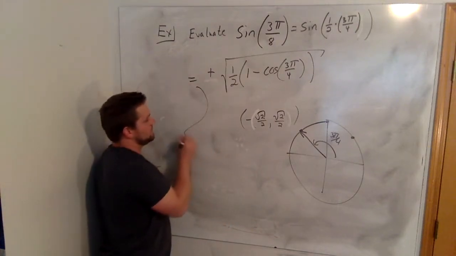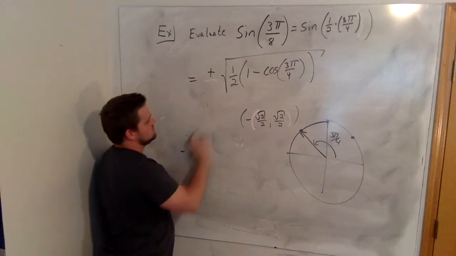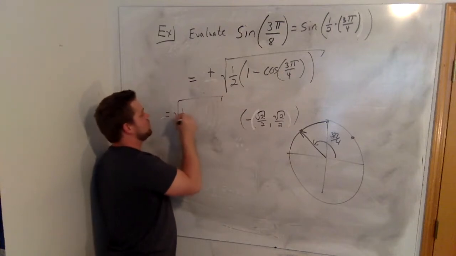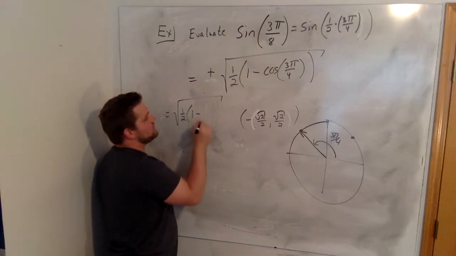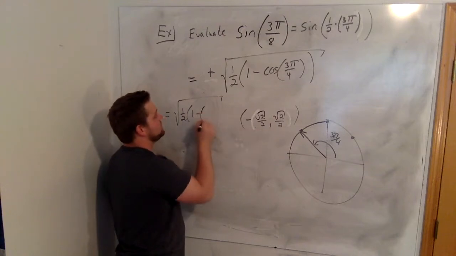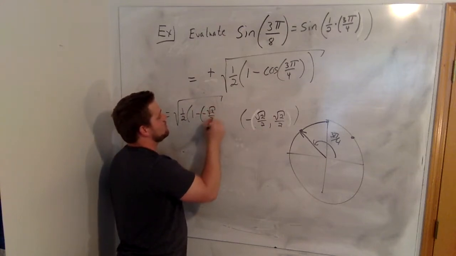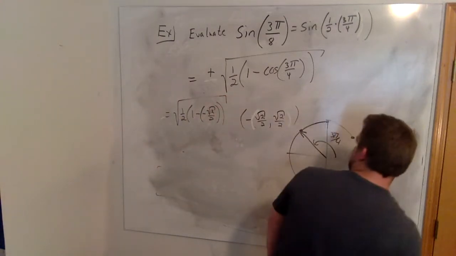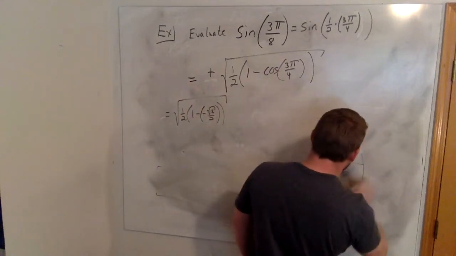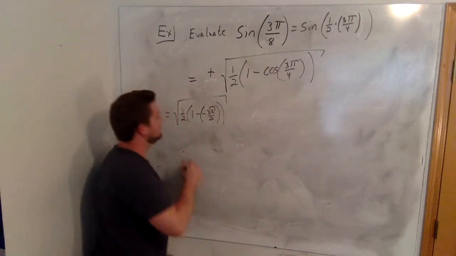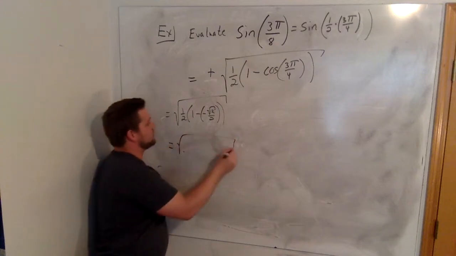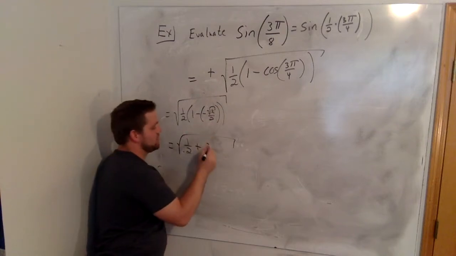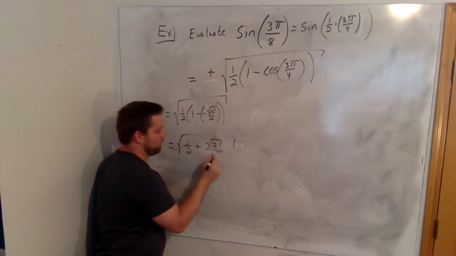So this will be the same thing as the square root of 1/2 times 1 minus, we want cosine, so we want the x-coordinate, a negative root 2 over 2. Let's clean this up a little bit. This is the same thing as the square root of 1/2, a negative and negative is a positive, so we get root 2 over 4.